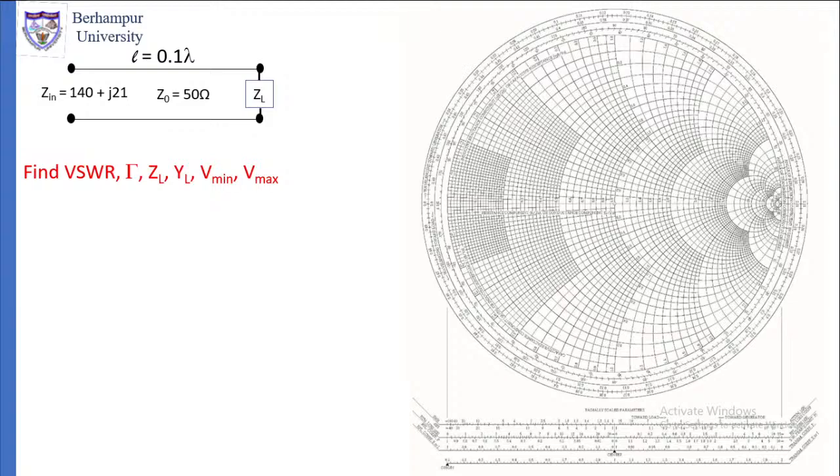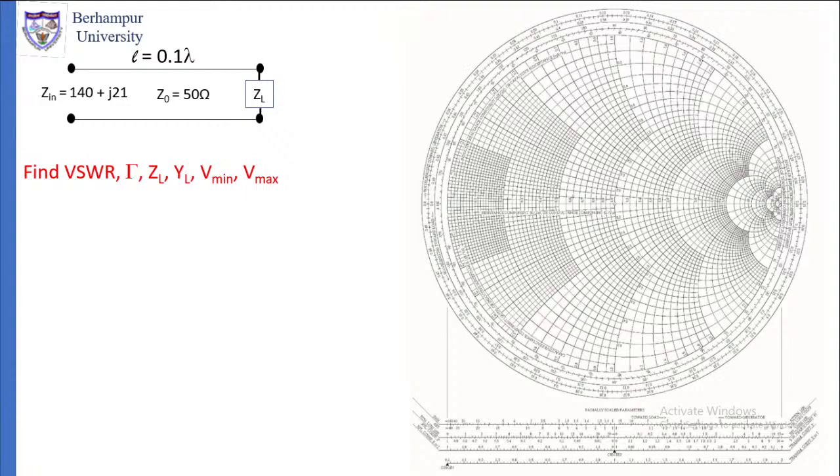That is the input impedance. And length of the transmission line is given, L is equal to 0.1 lambda. So everything is given in terms of lambda. You need not worry about lambda. So L is equal to 0.1 lambda, Zin is equal to 140 plus J21, Z0 is equal to 50 ohm.